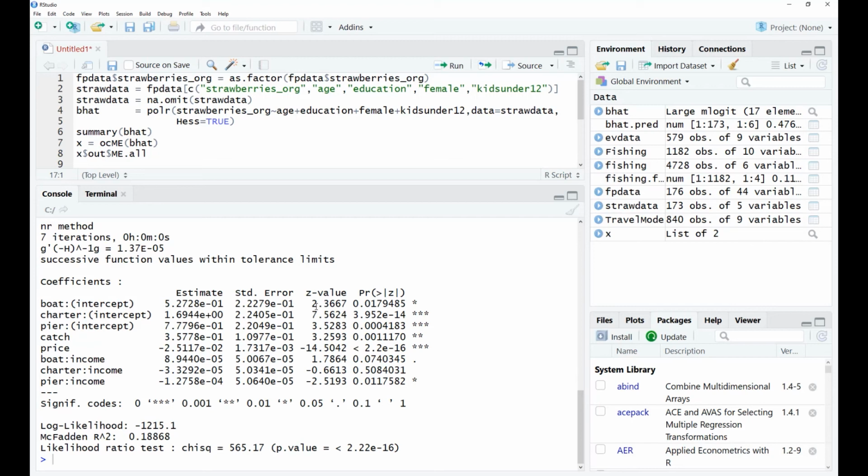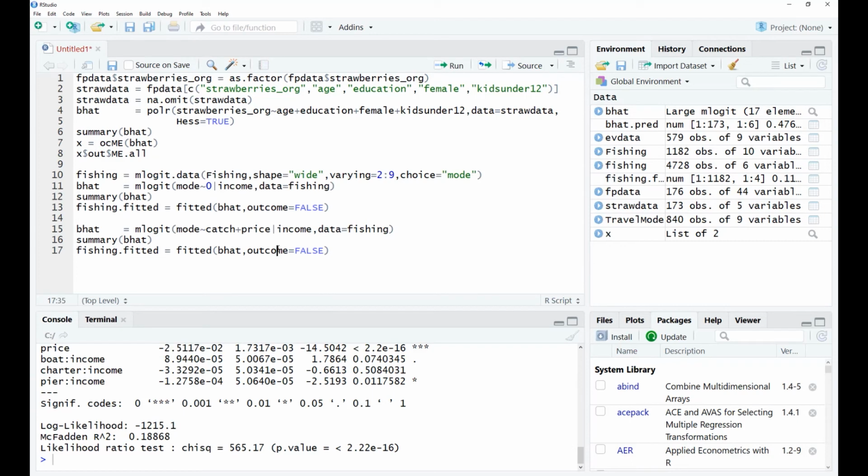And we can see now that we have beach as the base category, and that if there is a higher catch for a particular category, then that increases the probability of switching into that category. The same is true if the price of a particular mode, of a particular outcome, increases, that reduces the probability of that mode being picked. Note that both of those variables are statistically significant.